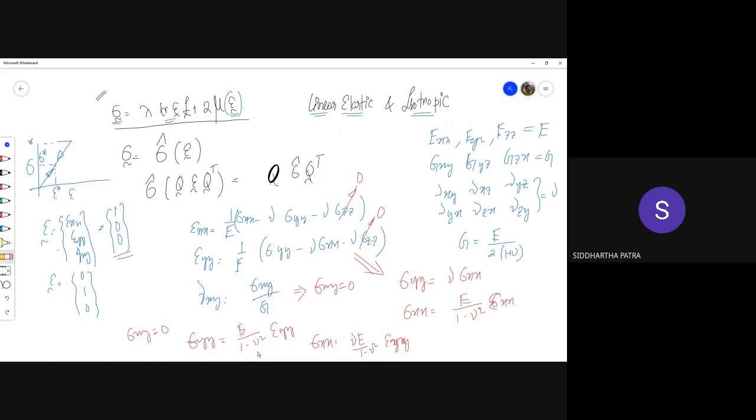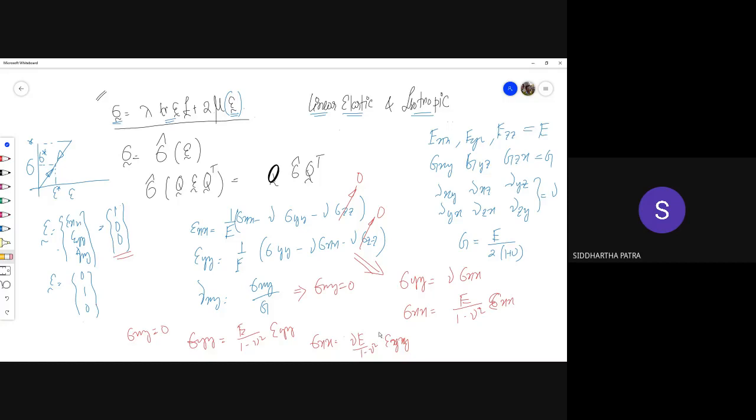Again, a strain value of 1 doesn't make any sense, but all I'm trying to say here is that when the strain went from one direction to another, you can think of the strain being rotated from x direction to y direction. The stress also got rotated from x direction to y direction.